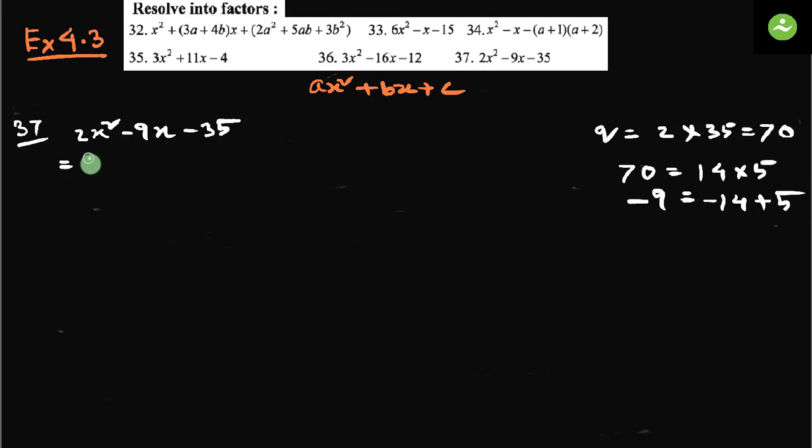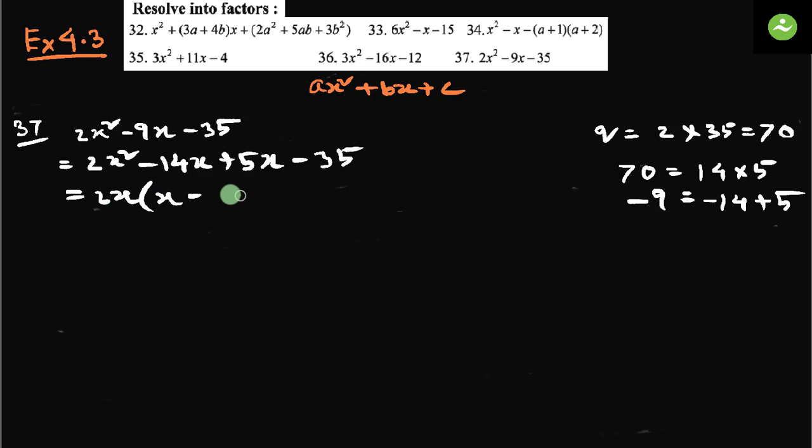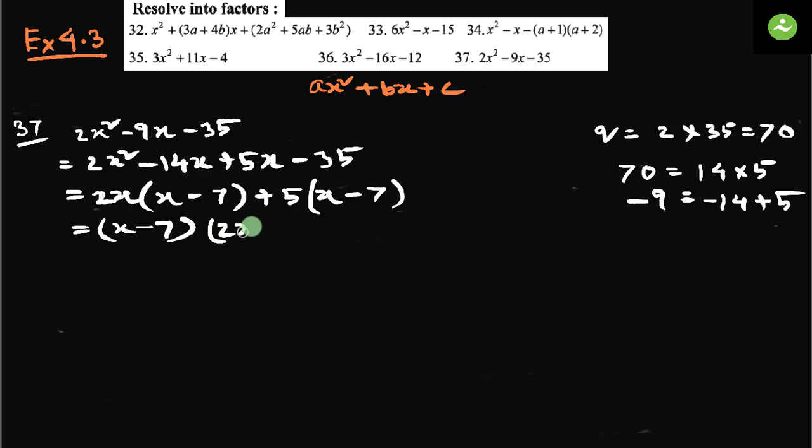Yes, 2x square minus 14x plus 5x minus 35 equals, take 2x common, x minus 7, plus 5 common, x minus 7, equals x minus 7 into 2x plus 5.